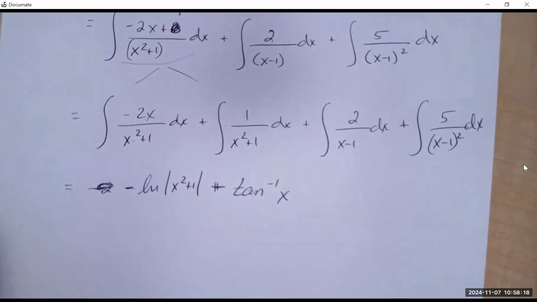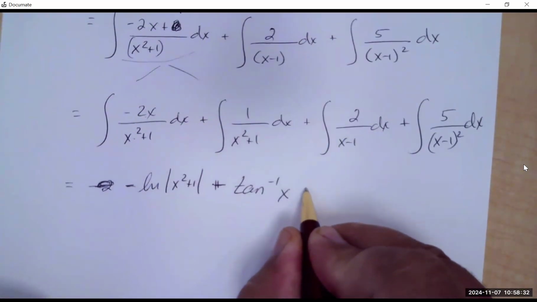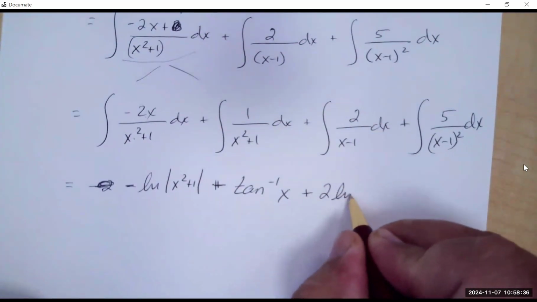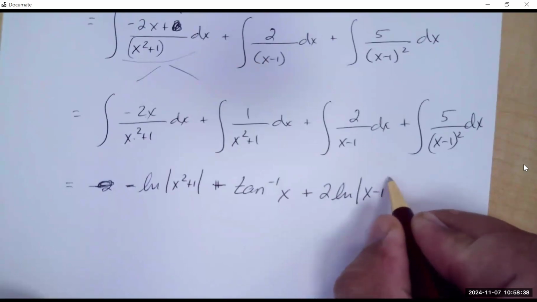It's the inverse tangent of x. Look at the integral table that I gave y'all. It's one of those. This 2 goes out in front, so it's ln of x minus 1.